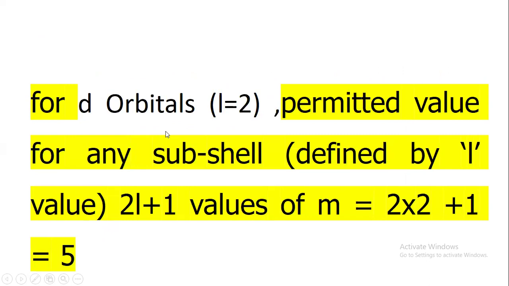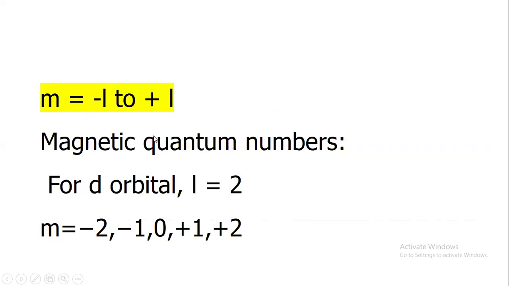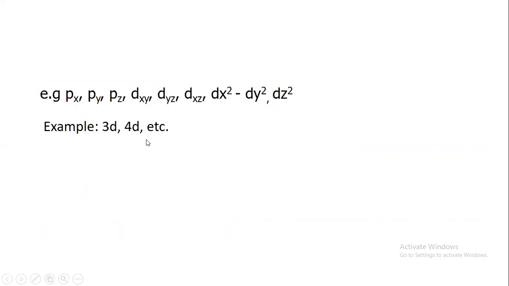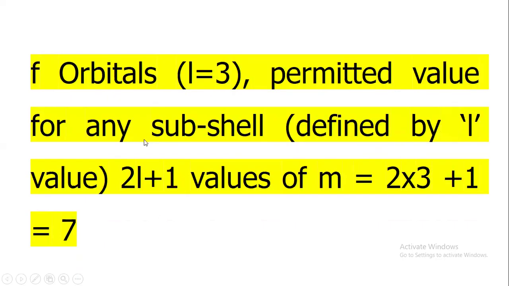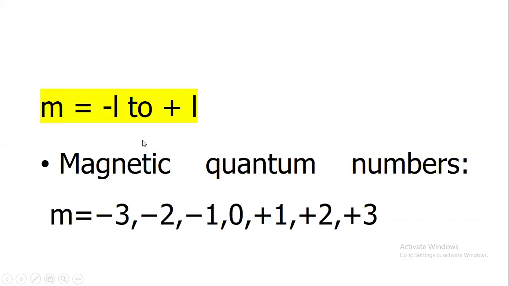For d orbitals, l equals 2, so for any subshell defined by l, there are 2l plus 1 values of m, which is 5 permitted orientations, from minus l to plus l: minus 2, minus 1, 0, plus 1, plus 2. Similarly, for the f subshell, 2l plus 1 is 7, so 7 permitted orientations.